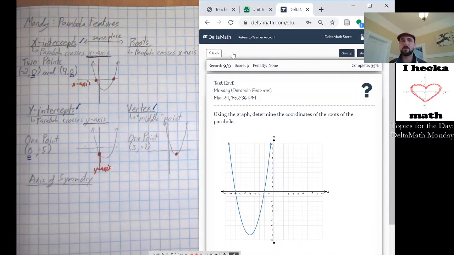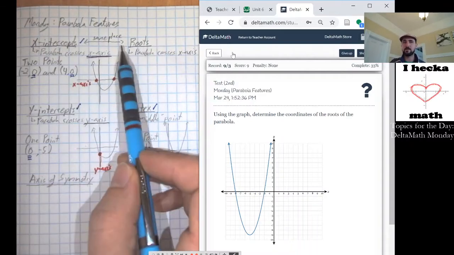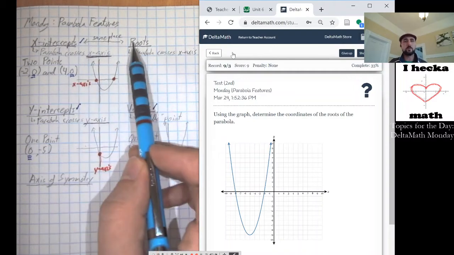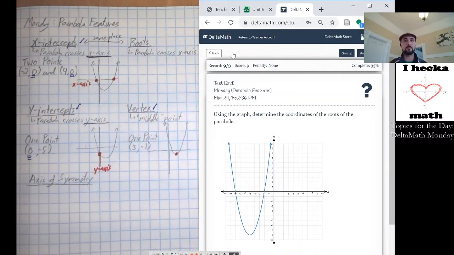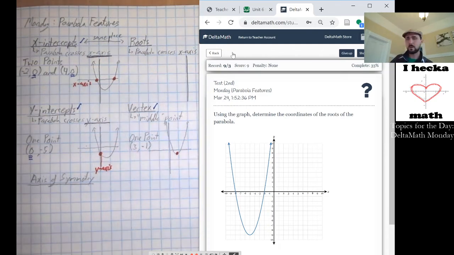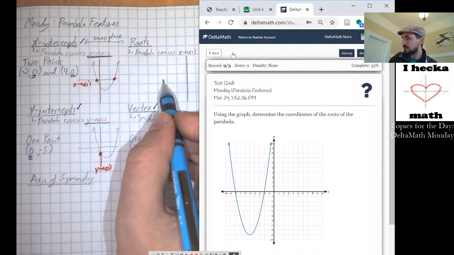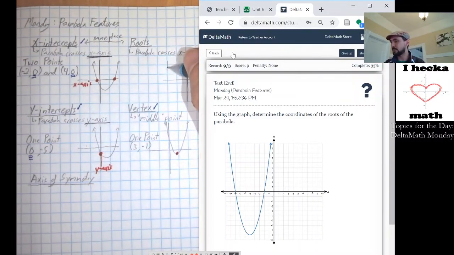So keep this question in the back of your mind, right? Why do we call x-intercepts roots, or why do we call roots x-intercepts if we're just going to be doing the same thing? And it's a good question. I'm not going to answer it right now, but I am going to ask you to keep thinking about it as we go through.